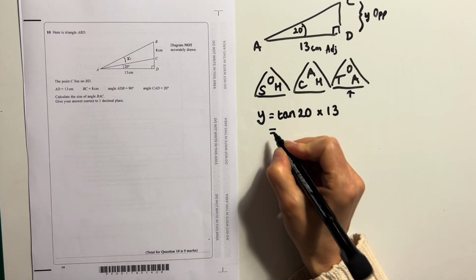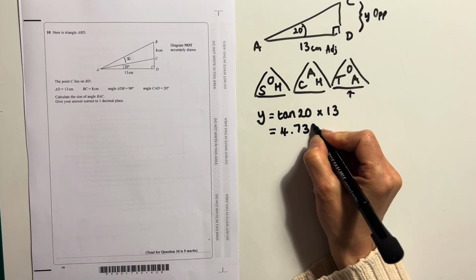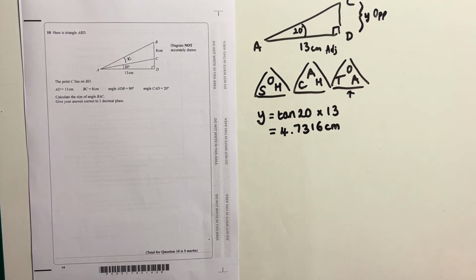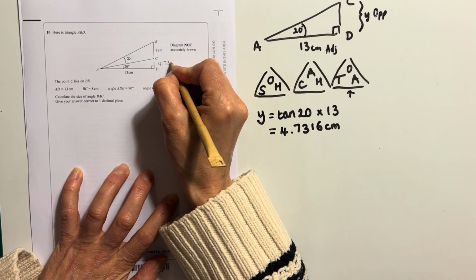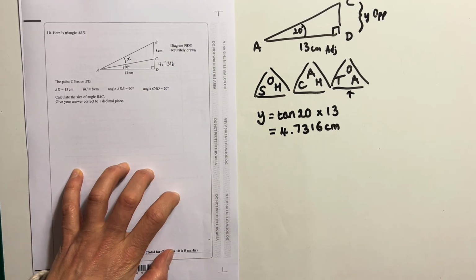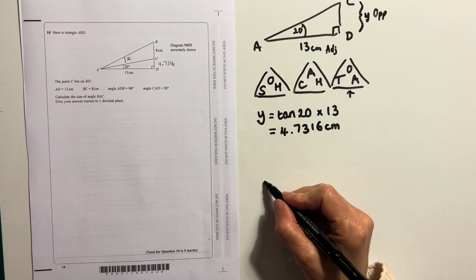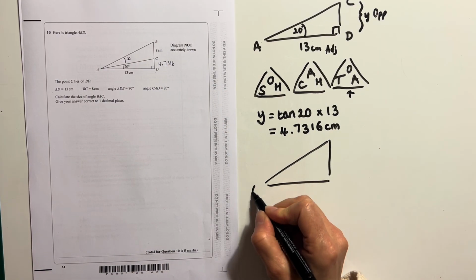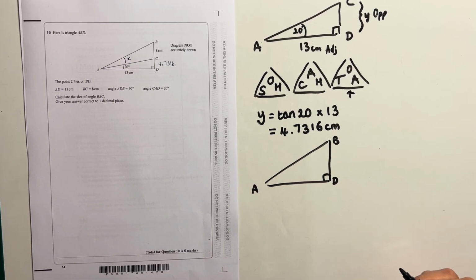So that will tell us that our Y is equal to 4.7316 centimetres. Now that we've got the length of Y, and we know that this length here, CD, is 4.7316, we can look at the bigger triangle ABD, which is a right angle triangle as well.